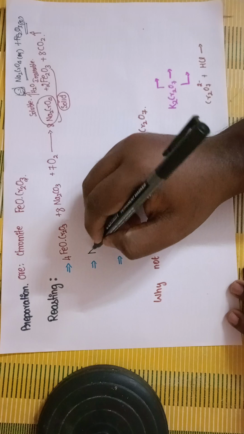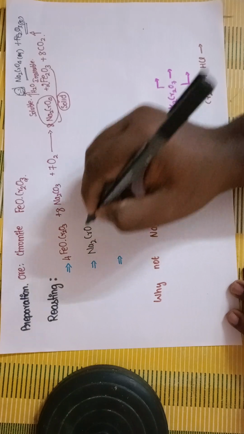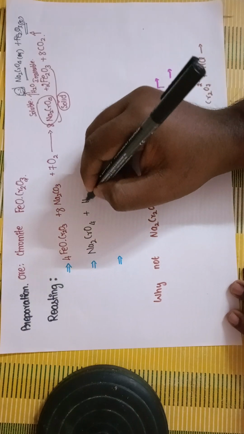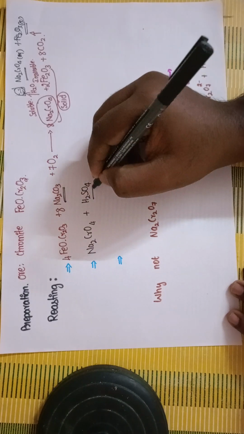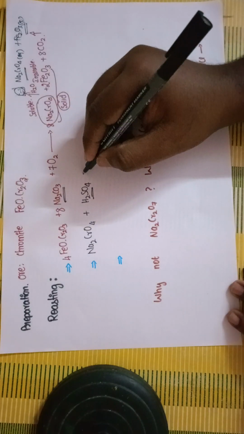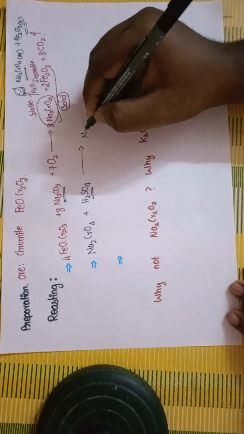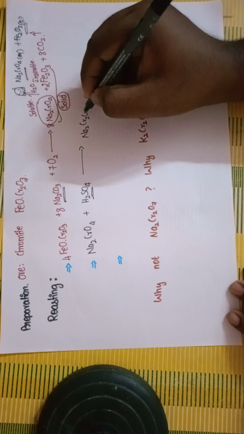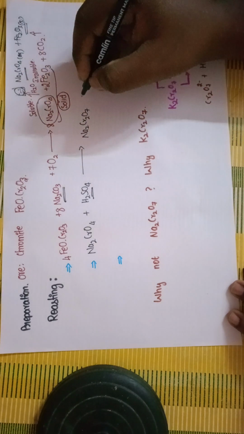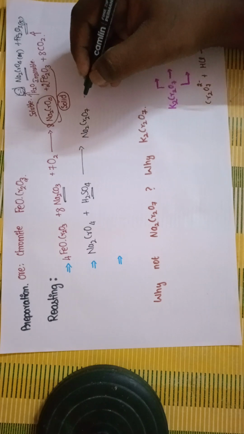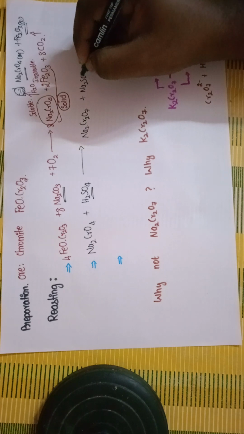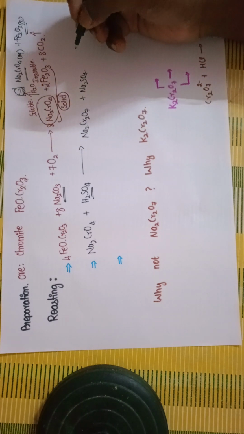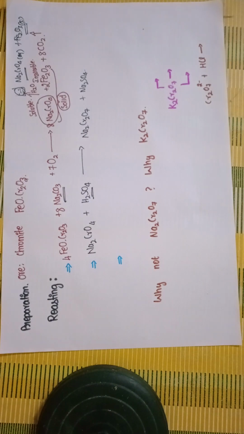Now the sodium chromate, Na2CrO4, should be treated with sulfuric acid. It will lead to the formation of Na2Cr2O7 plus Na2SO4, sodium sulfate.